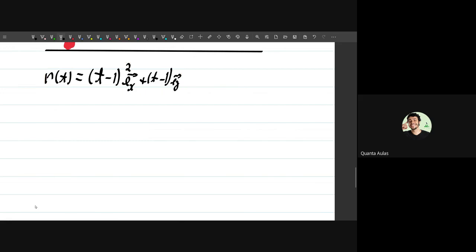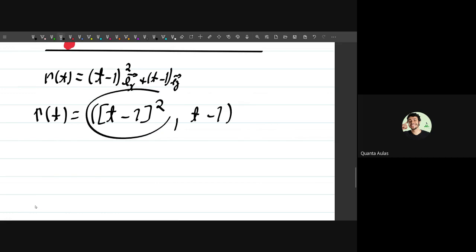So, for example, this is a vector. To make it easier, you can rewrite this equation like this: t minus 1 squared, that is (t minus 1)(t minus 1). You can do this math.